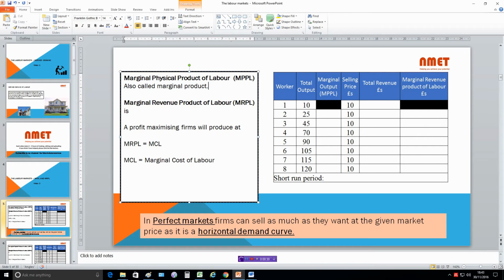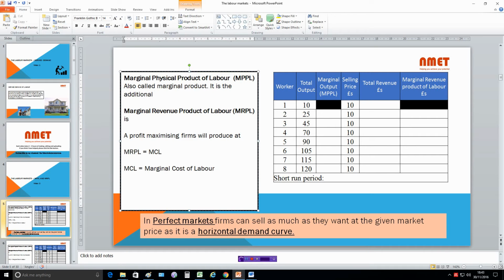It is the additional output added by an additional or last worker.